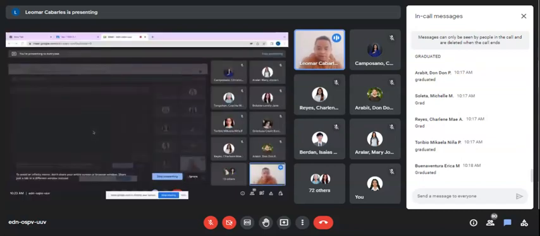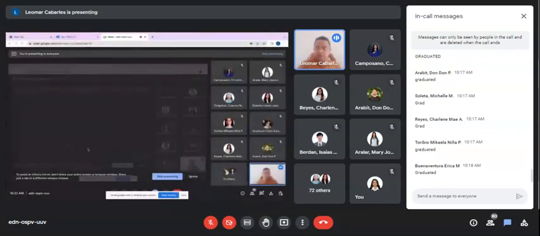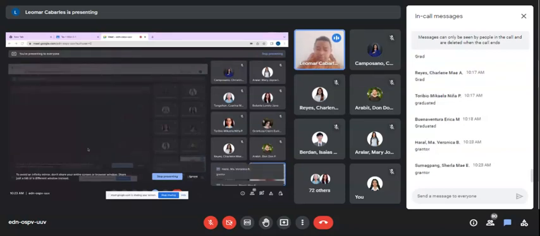Pag nag-set up ako ng trust, pero pwede kong ma-revoke, or pag nag-set up ako ng trust, pero ako din yung beneficiary, that's number 1. Number 2, sino ang taxpayer pa rin doon? Ako pa rin ba or yung trust na? Answer, ako pa rin. Okay? So the grantor pa rin, no? The trustor pa rin. Okay?